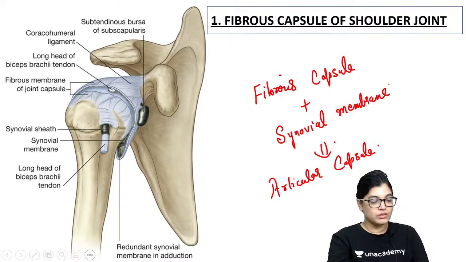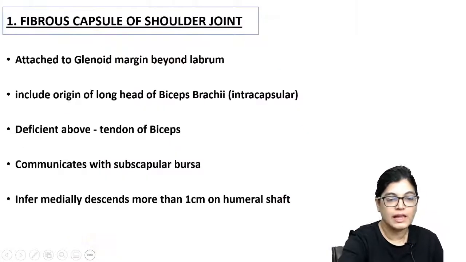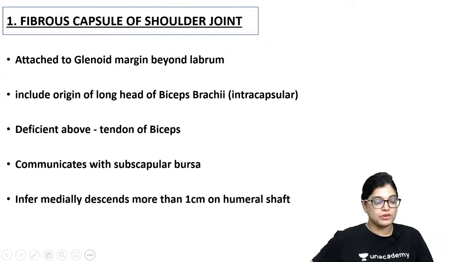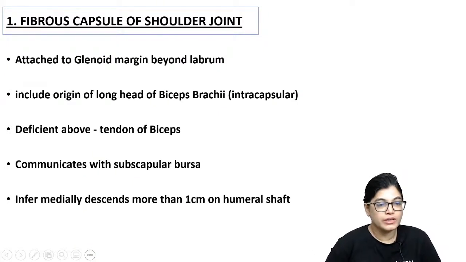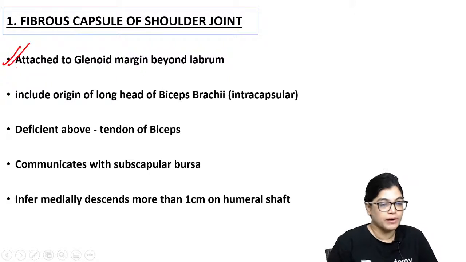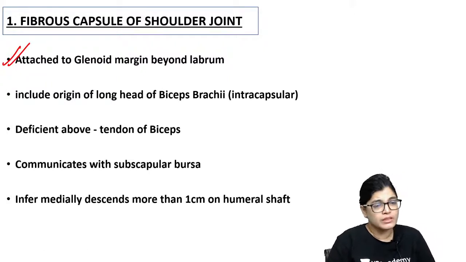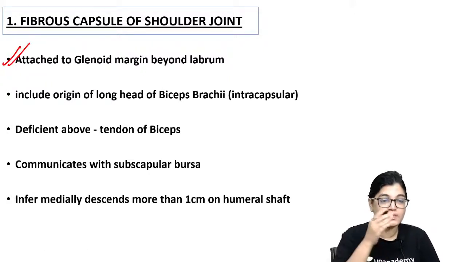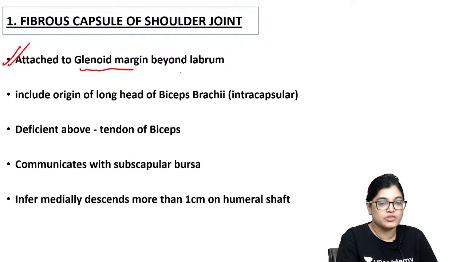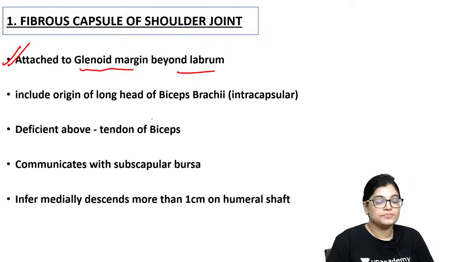Okay, now moving on to the next slide. I would like to give the general important features of the fibrous capsule of the shoulder joint. The first important point is that it is attached to the glenoid margin, but the location is beyond the attachment of the glenoid labrum.